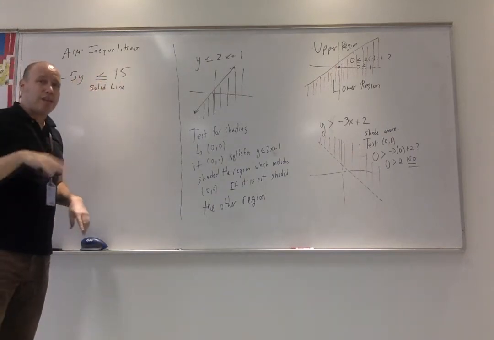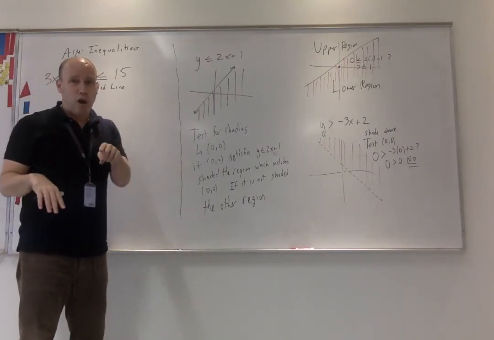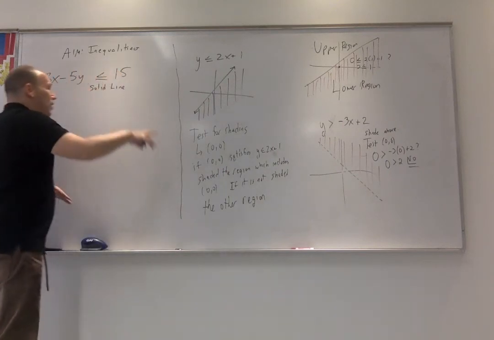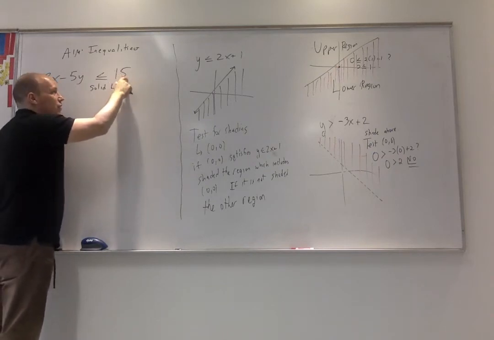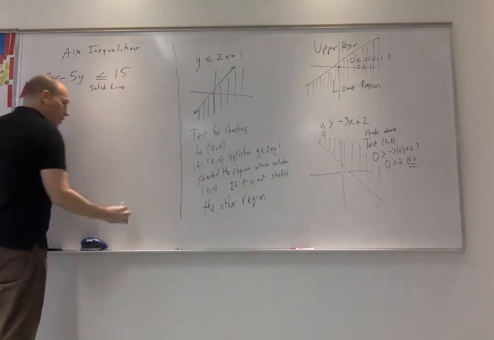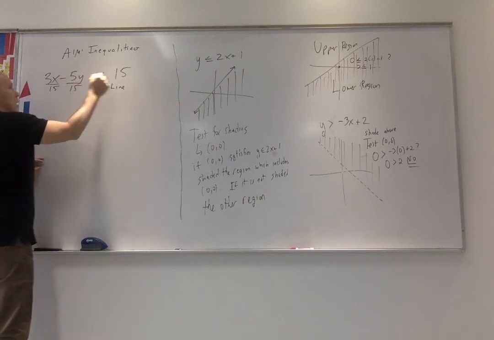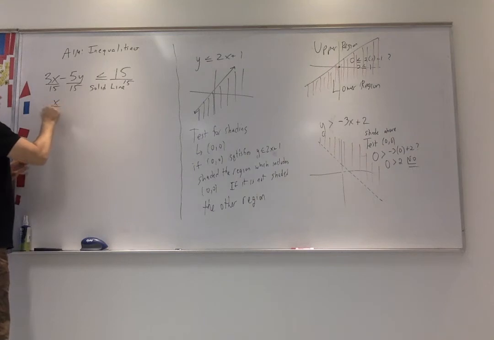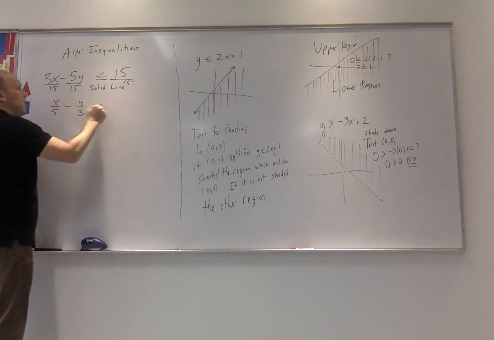But here's a trick that Dareen taught me last year, because her tutor taught this, and then I learned it, and I love it. Ready? Remember it's in this form: take this 15 and divide everything by 15. And we get x over 5 minus y over 3 is less than or equal to 1.